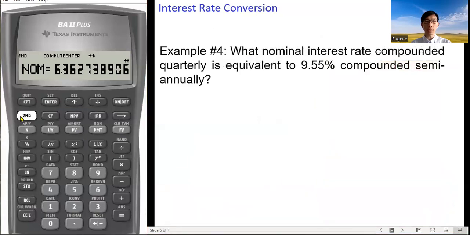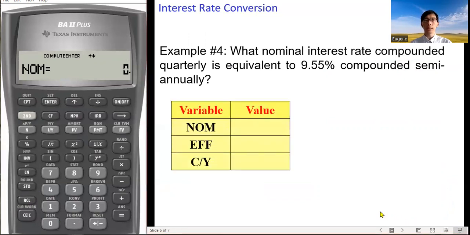Let's take a look at the next example. What nominal interest rate compounded quarterly is equivalent to 9.55% compounded semi-annually? Let's repeat the procedure again. The given nominal rate is 9.55%. Convert this into the effective rate first.